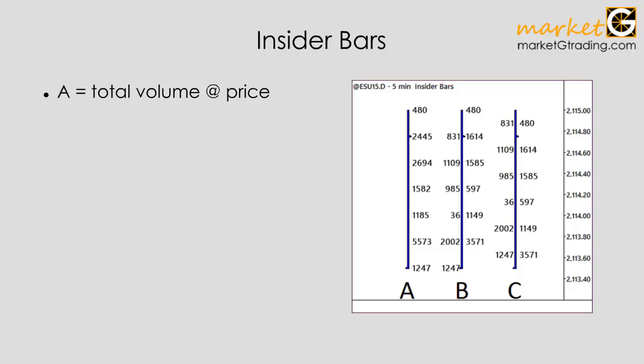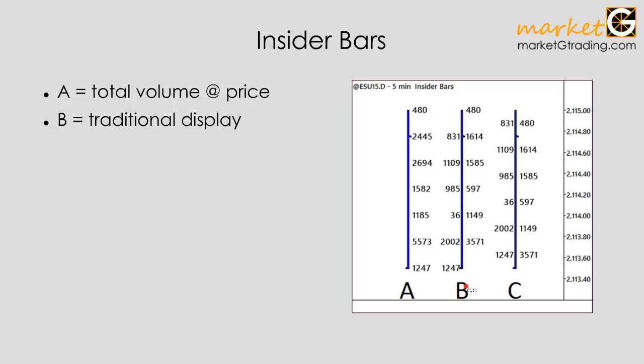And I made a little chart to try to explain this a little better for you. There are 3 price bars here. The first one just shows the volume traded at every price on the bar.